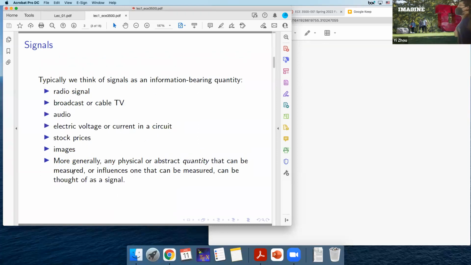By the way, here I want to ask an interesting question. What is the difference between signals and information? Or what is their relationship, if they have any? Does one imply the other? How do you distinguish between these two?